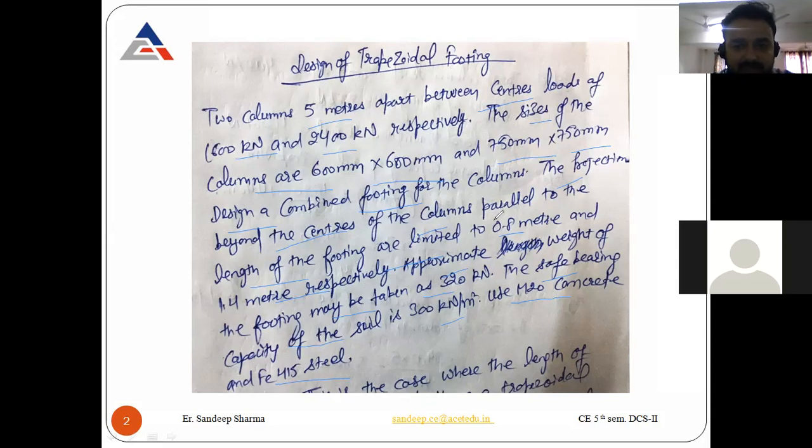The weight of the footing is available, so there is no need to add 10% of the approximate weight on the load. In that case, we just need to consider the weight of the footing which is given, and the safe bearing capacity is also available here. So let's start with the design.